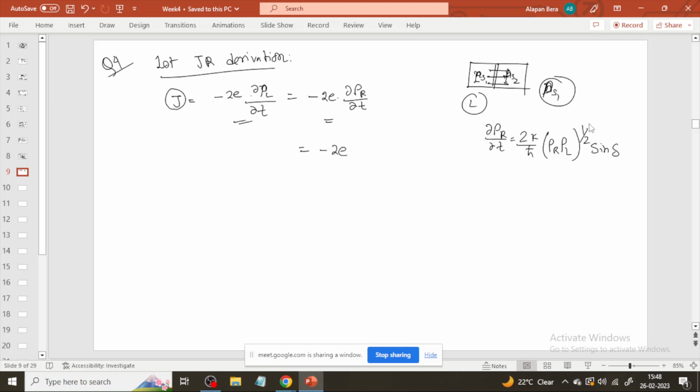Okay. So now we put this value here in the equation and we get this. Now, simplify it further to 4K by h cut.